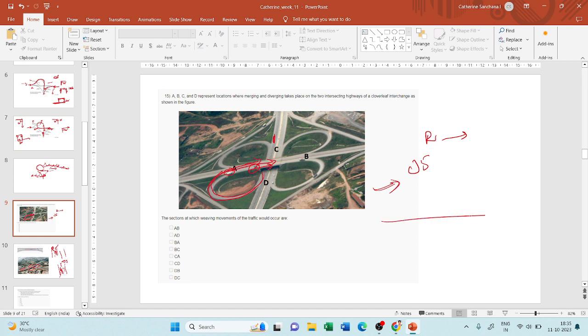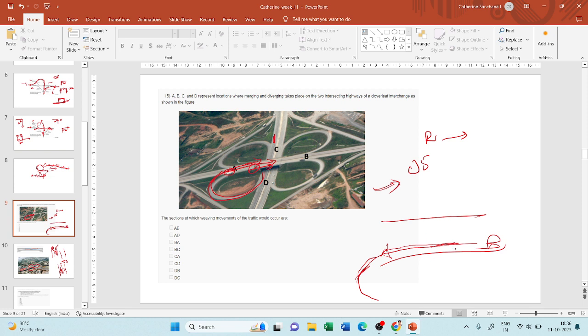When it enters here from the loop, it will try to merge into the traffic, right? So from A to B, it will have a merging action.